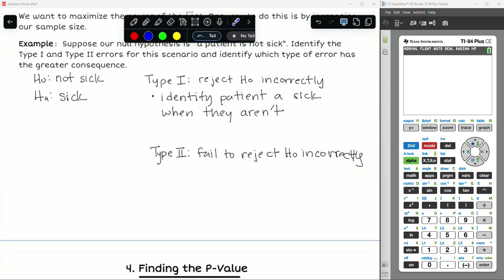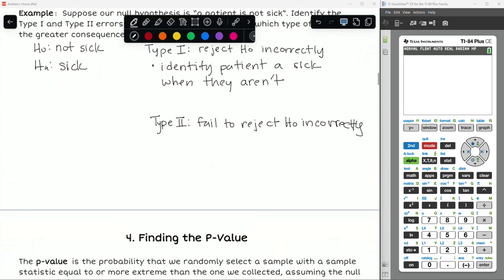So in this case, the null is actually false in reality, and I am failing to reject it, meaning I'm saying this is true when actually it's not, and this is the actuality. So here, I'm identifying the patient as not sick when they actually are.